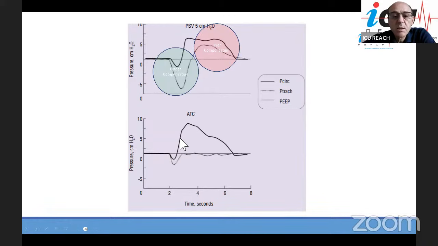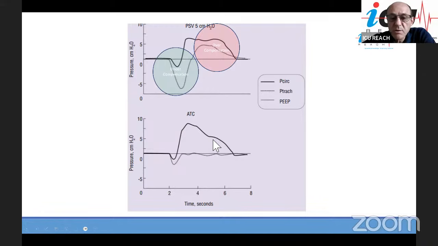And look at this. In the first case here, you put it at 5 centimeters. But in the second case here, you can see that the machine determined that early on, you need close to 8 to 9 centimeters of water to overcome the resistive load of the endotracheal tube. And you see that's well compensated now. So that 5 centimeters of water was not enough. Now, as the inspiration continues, the flow goes down.